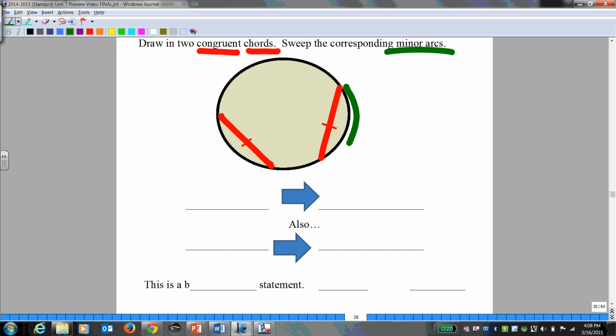Now sweep the corresponding arcs. Now you should see that if the chords are congruent, the arcs are also congruent to each other. If the chords are congruent, the arcs are congruent.